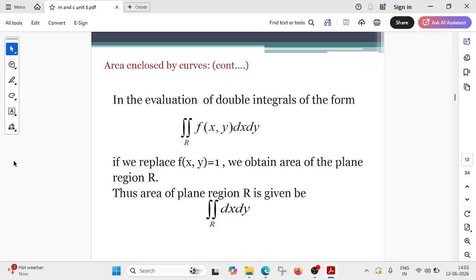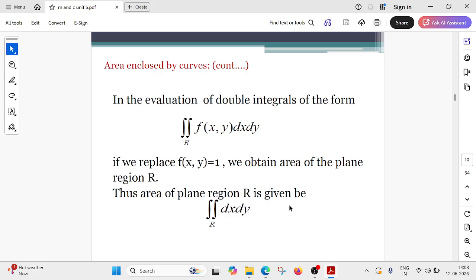Now, in the evaluation of double integrals of the form integral of f of x y dx dy, if we replace the function with 1, we obtain the area of the plane region.